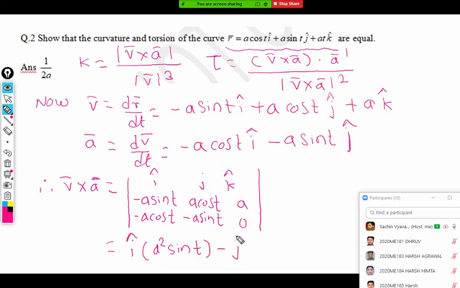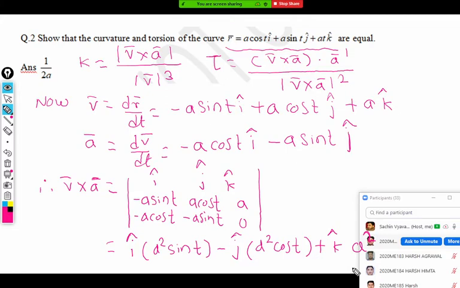Minus j cap into a square cos t. And plus k cap into a square sin square t plus a square cos square t, which is a square only, since sin square t plus cos square t becomes 1. So that is the V cross A vector.